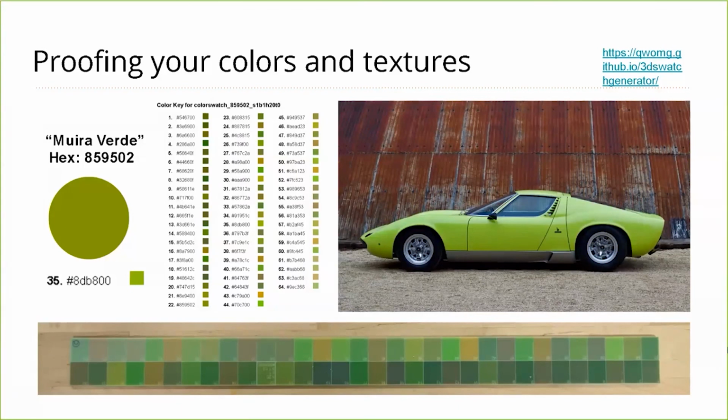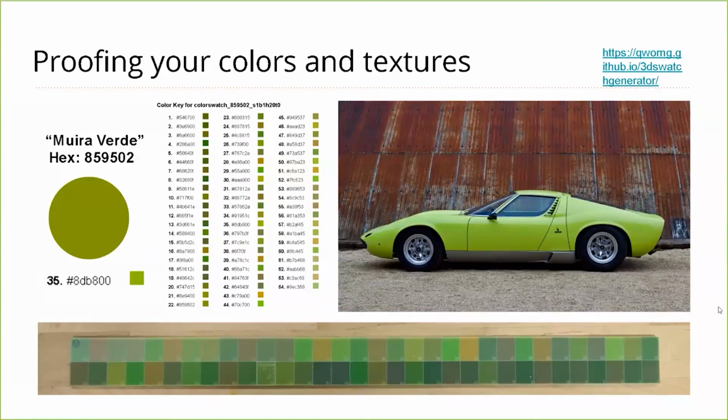And then I looked up 35 here, and it gave me the actual output code that you can manually put into either GrabCAD Print, or if you're designing something in Photoshop, you can use that code as well. So this was my single color hard proofing that I went through.